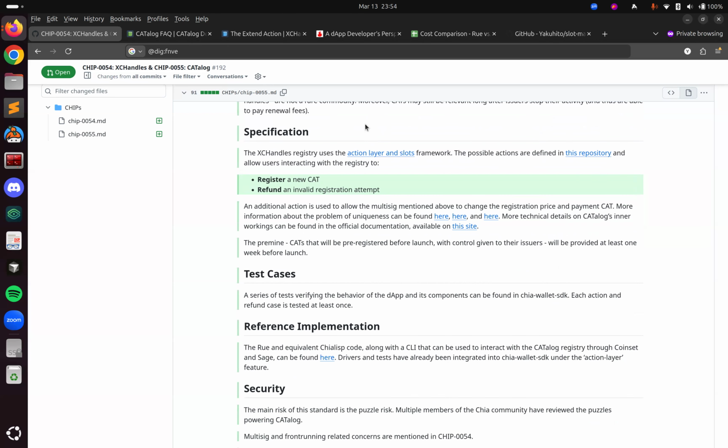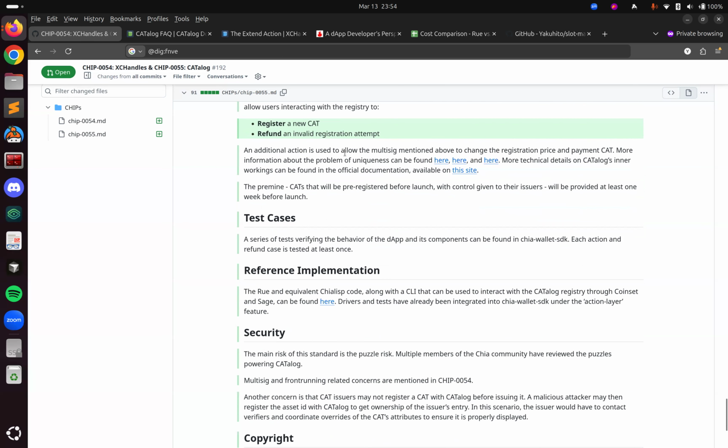The registry itself is pretty simple because the logic on chain is so straightforward. You can register a new cat, and then you also have that refund action, because when registering, you're treating it like a handle registration. So you have that pre-commitment and two-step process.